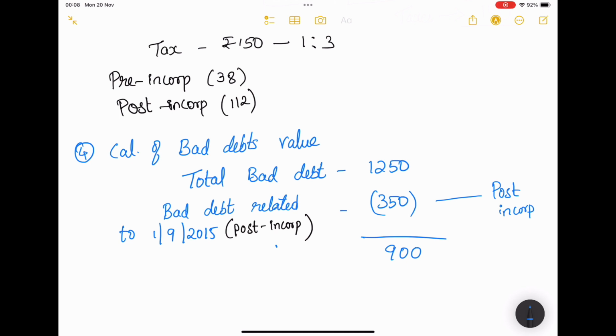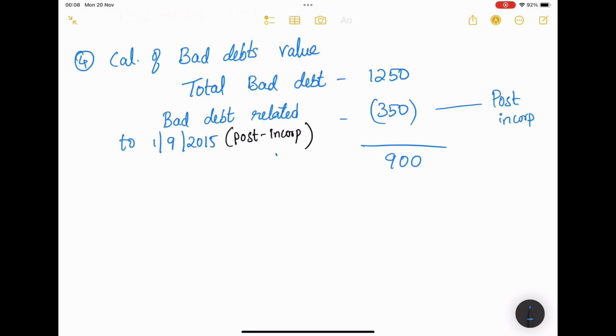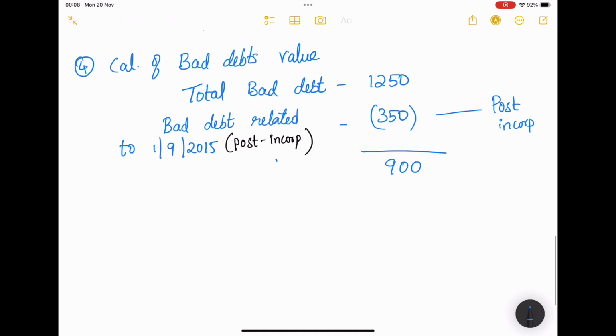But there is also a certain twist in the question. So here what date have they given? 1/9/2015, isn't it? So this 900 is related to pre and post incorporation.